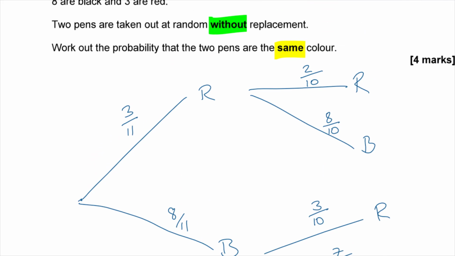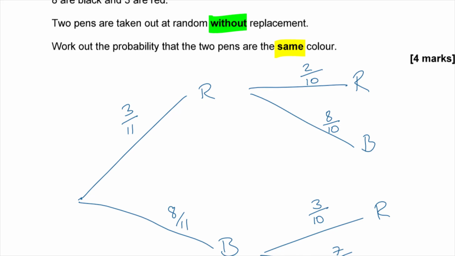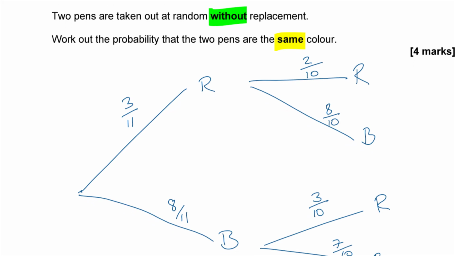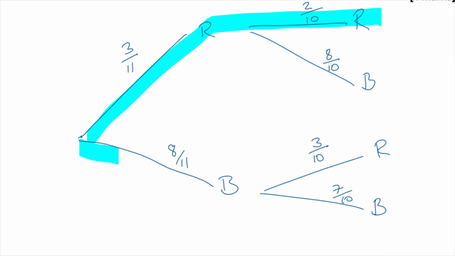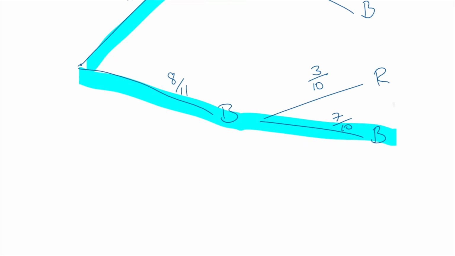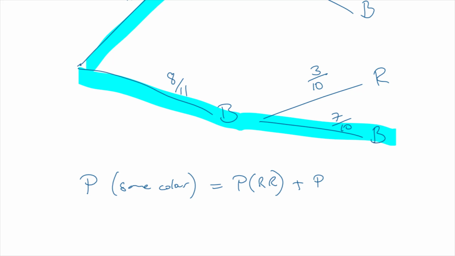Now work out the probability that the 2 pens are the same colour. So that means either it's going to be that route, red, red, or it's going to be that route, black, black. So the probability then that they are the same colour is the probability of red, red plus the probability of black, black.